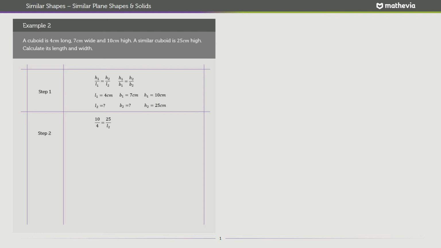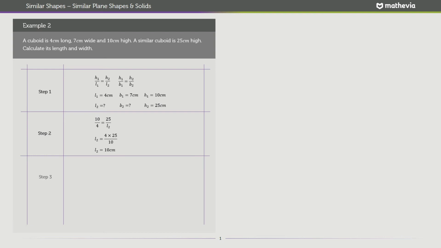Okay, so for the ratio of the height and length for the first cuboid, it's 4 centimeters long, 10 centimeters high, 10 over 4 equals height and length of the second cuboid, 25 over something. And with that you could find that something, which you should work out as 10 centimeters.